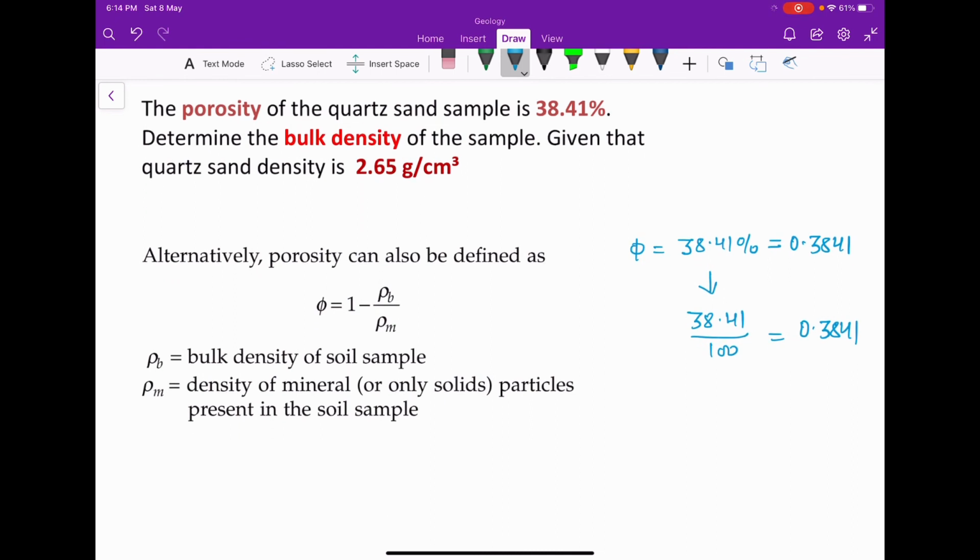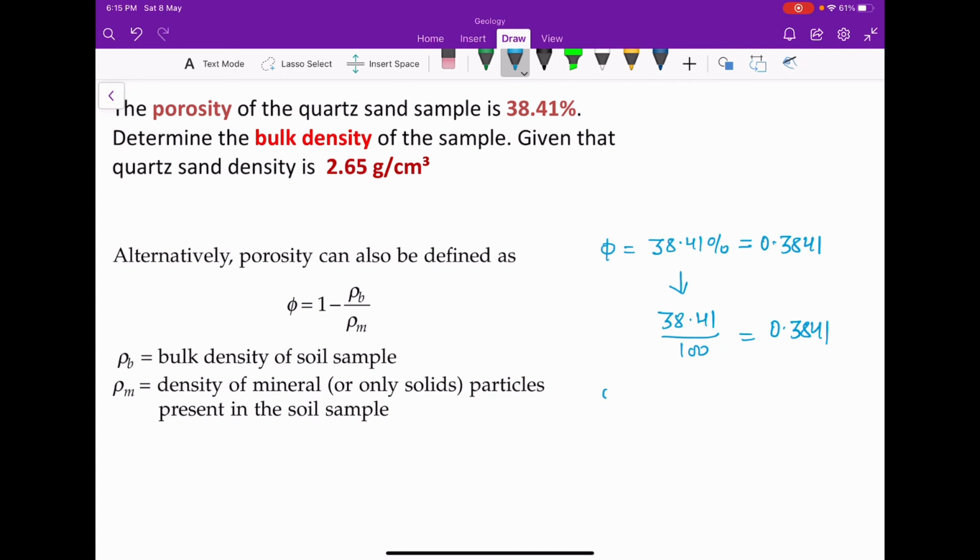So we have to find the value of bulk density. The definition in terms of density is phi equals 1 minus rho b divided by rho m, where rho b is the bulk density, that is total density, and rho m is the density of the mineral.